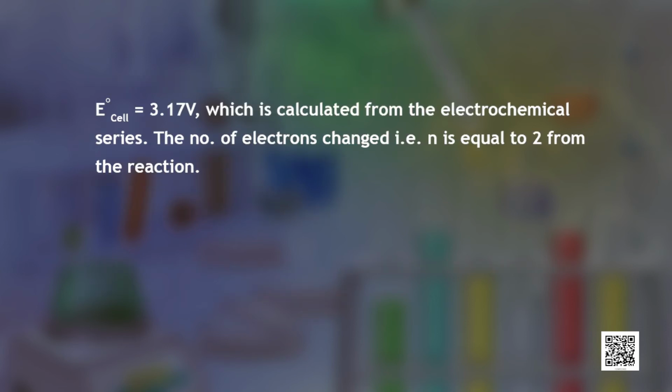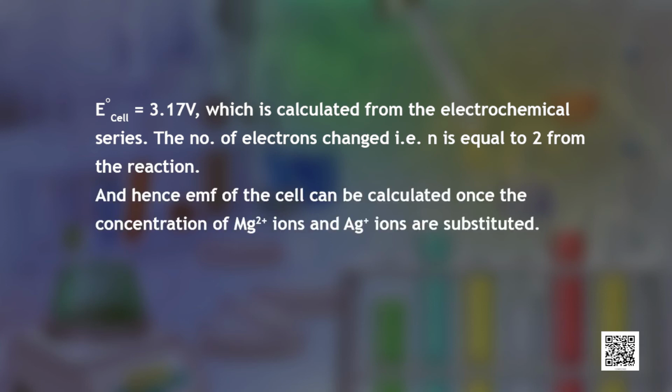E naught cell is equal to 3.17 volt, which is calculated after taking the values from the electrochemical series. The number of electrons changed, that is n, is equal to 2 from the reaction, and hence EMF of the cell can be calculated once the concentration of magnesium ions and silver ions are substituted.